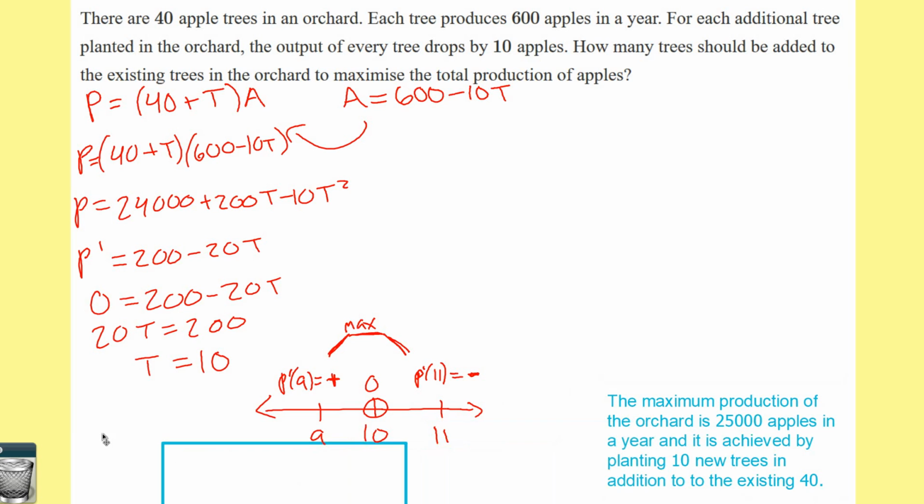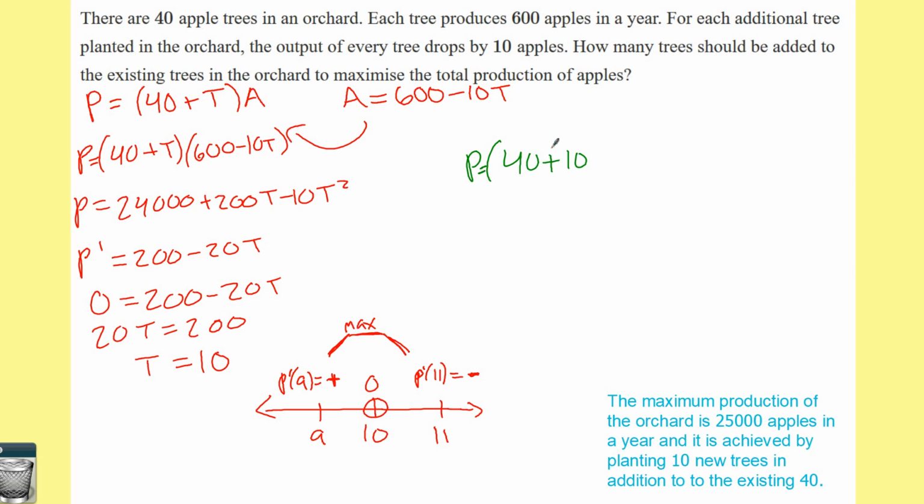Let's see. The orchard is 25,000 apples in a year and is cheap for planting 10 new trees. Wait, did it ask us for the maximum? Maximize the total production of apples. Okay, so what they did is they just plugged it in to actually get the number. Sorry, I misunderstood. I didn't realize it was asking for the actual production. So you plug in 10 for T. So our production of apples is now 40 plus 10.